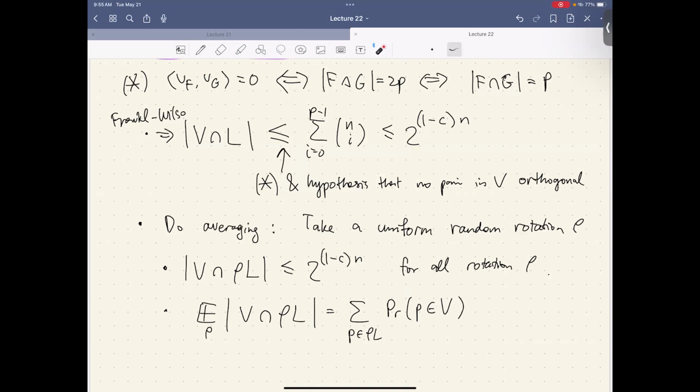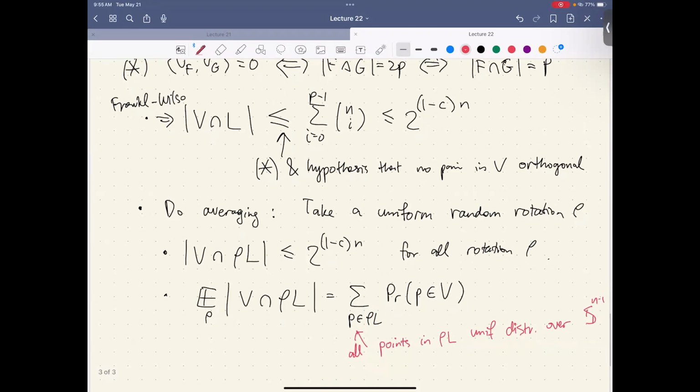But look, a point which was initially in L, after a uniform random rotation, is basically uniformly distributed. This point P, all points in rho L, is uniformly distributed over the sphere.